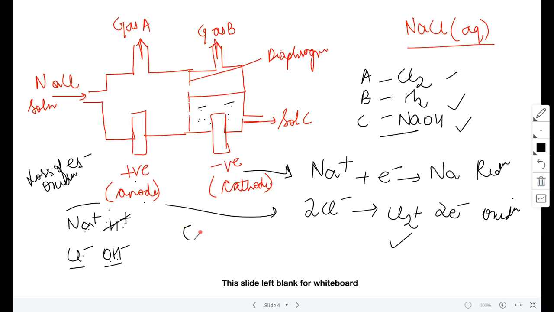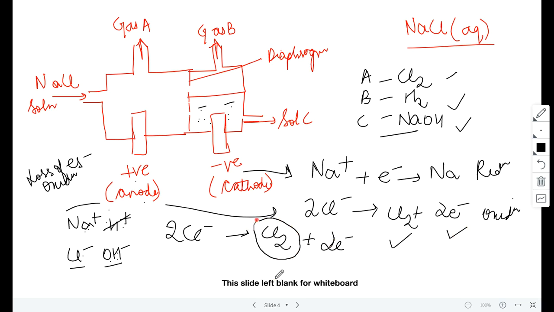You will write first the symbol, and then the atoms. Then you have to balance them, and then you have to balance the charges. If you follow these steps, did you get the correct answer? Yes. That is why I am teaching you this way, so that you get the correct answer.